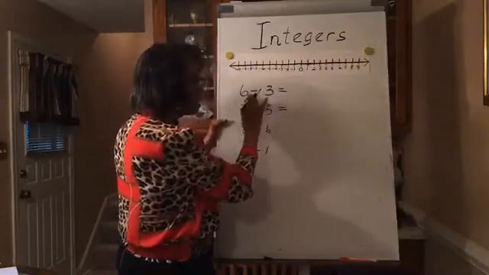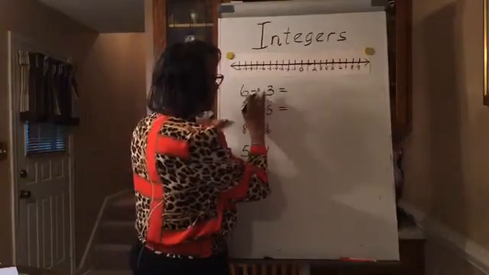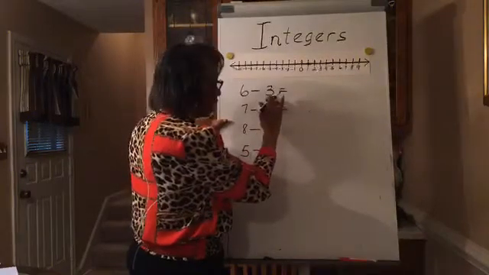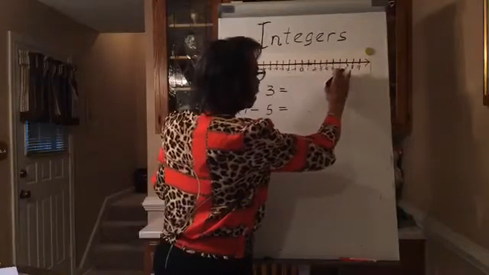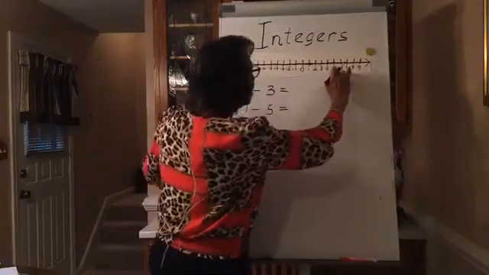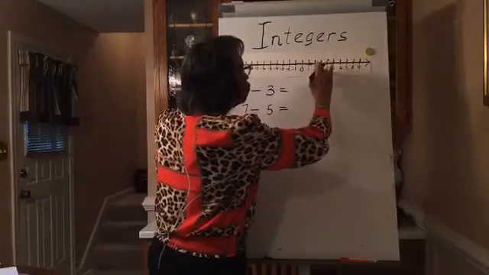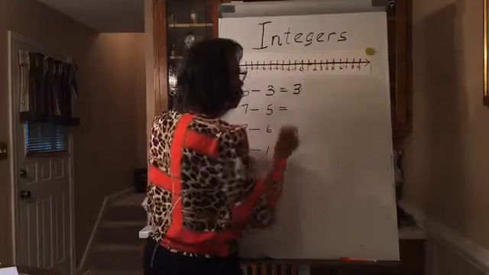This sign now tells us to go the opposite of positive 3. So we go from 0 to 6, and the opposite of positive 3 is negative 3, so we go 1, 2, 3 steps. And so the answer is positive 3.